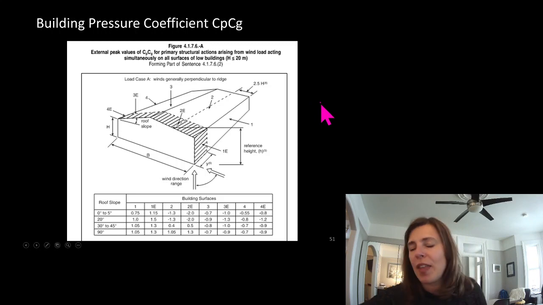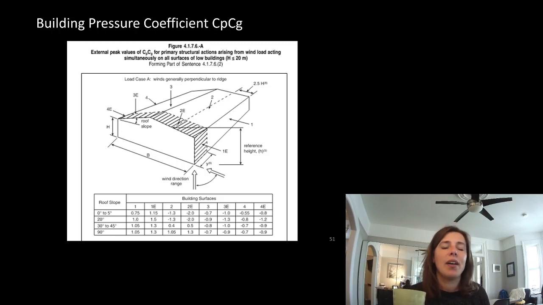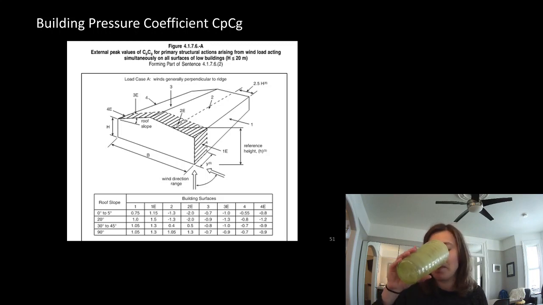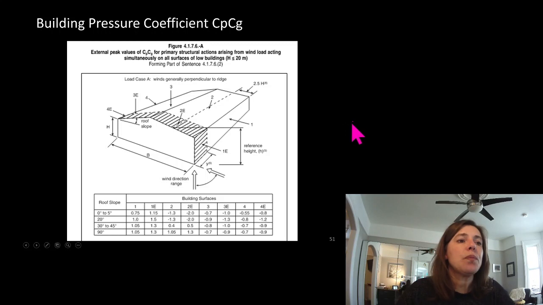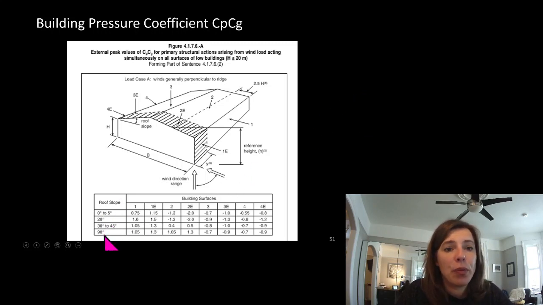Again, this is another thing that gives people a bit of a heart attack because it's a confusing looking diagram. You can see that these values change depending on roof slope. We're going to do a roof slope of 0, so 0 to 5. I'm not going to make you worry about any more than that. We're going to do this shallow roof slope for our wind calculations.